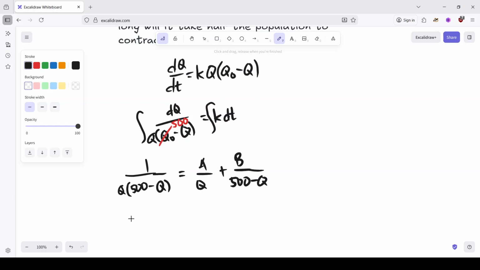Okay, now to simplify, we will multiply both sides with Q times (500 minus Q).